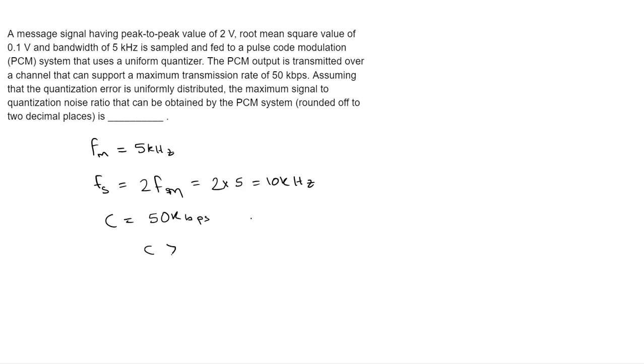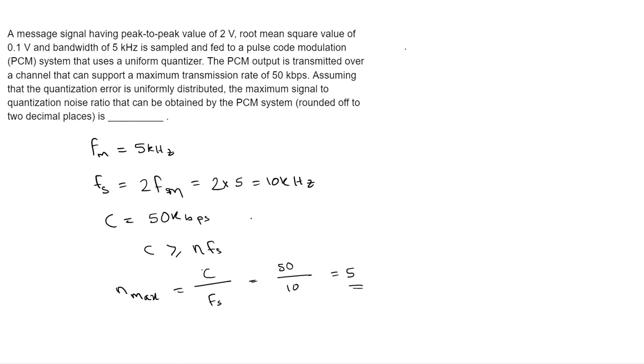Now we have seen that C must be greater than or equal to N Fs, and we have to find Nmax such that Nmax equals C by Fs. So we have 50 by 10 equals 5. So the maximum number of bits that can be transmitted through this channel must be 5 for error-free transmission.